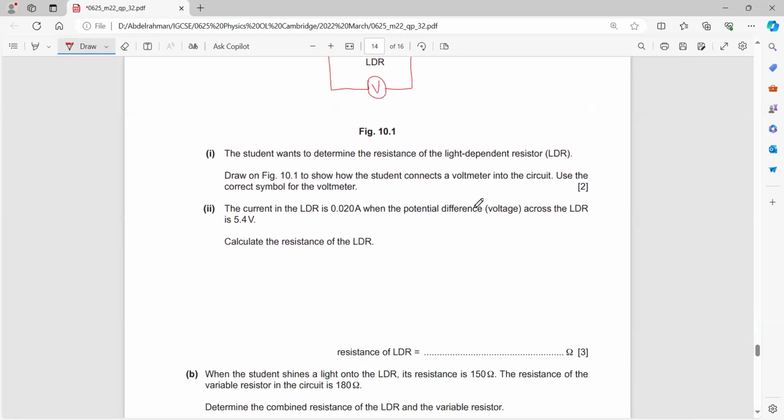R equals V over I. 5.4 over 0.02, which is 270 ohms.